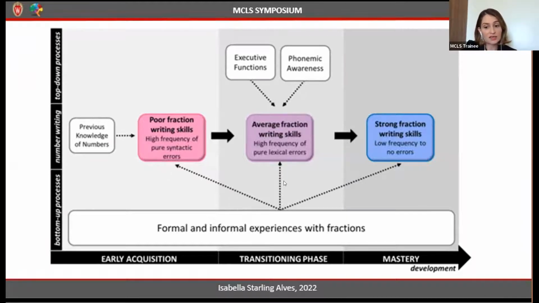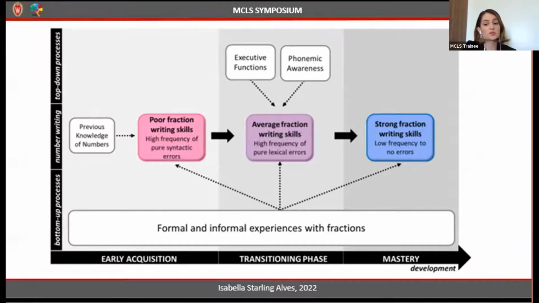Then as they start a transitioning phase and start learning how to write fractions, they may still commit few lexical errors, maybe due to inattention, or to holding the numerator and then the denominator in working memory and then writing this using the bar. So maybe we would have here some role of executive functions and maybe phonological, phonemic awareness, which we have not investigated in this study. They may be the cause that people still eventually commit few lexical errors. And then when they master fractions, the errors are very rare, almost nonexistent.